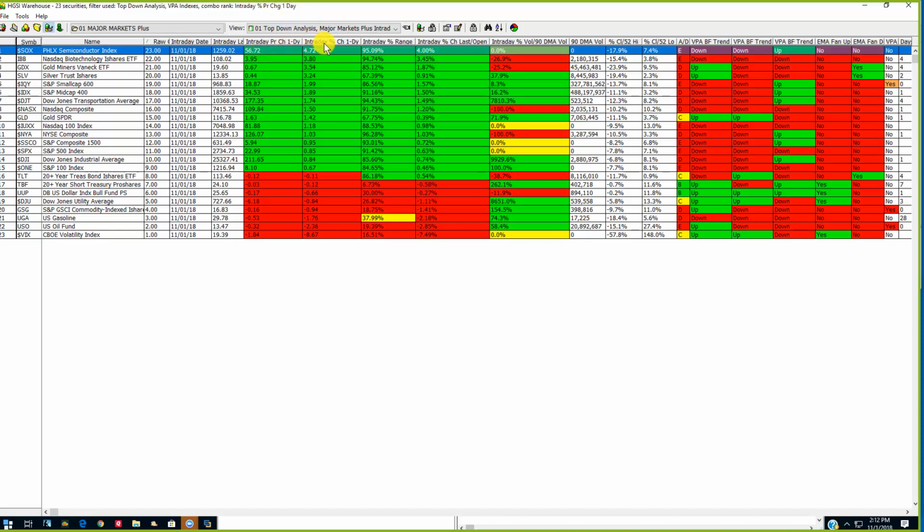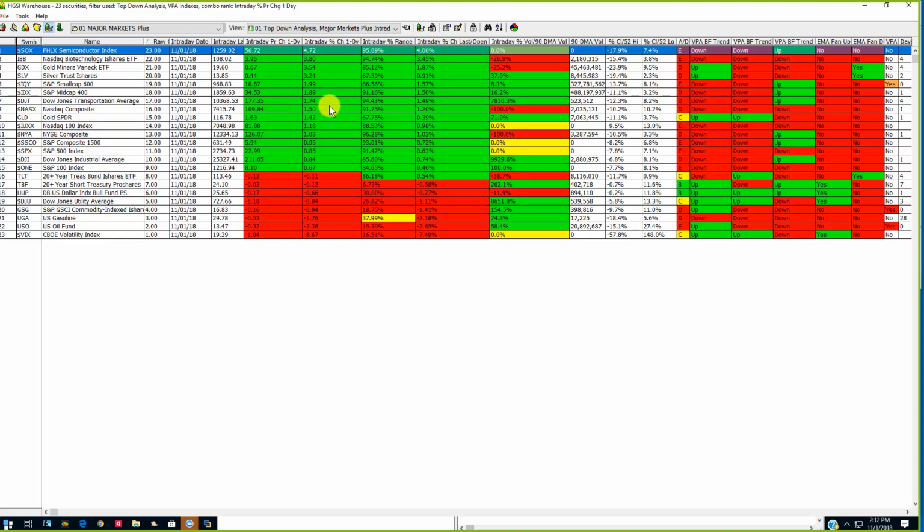If you look down this column, you'll see that these are the intraday percentage price moves. And the Philadelphia Semiconductor Index 30 stocks is up 4.2% for the day, and it's at 95.09% of its daily range. And the change from the last opening price is 4%.